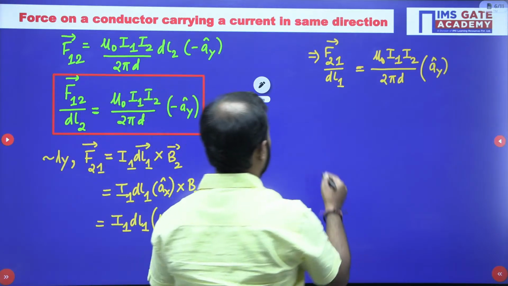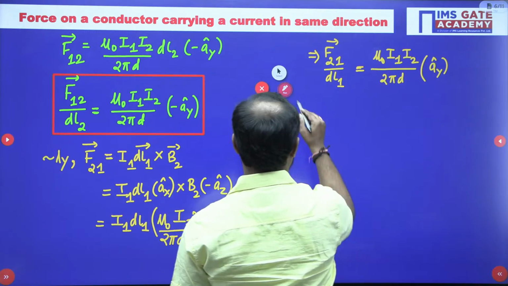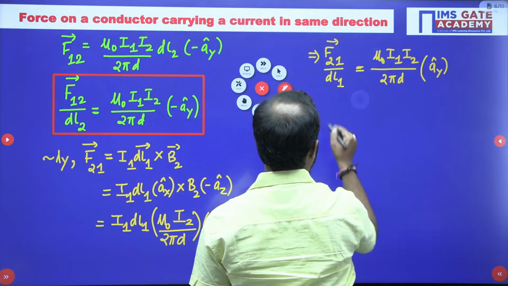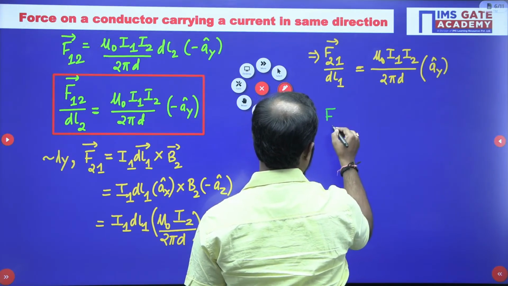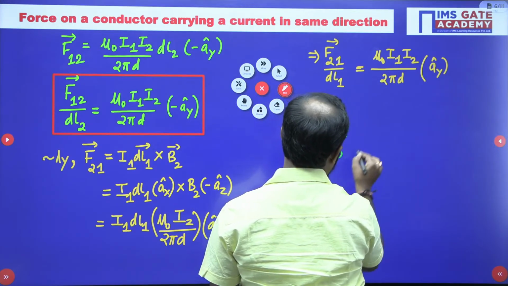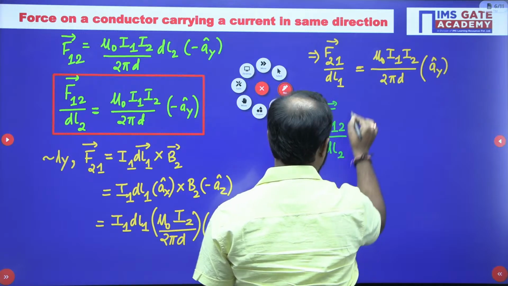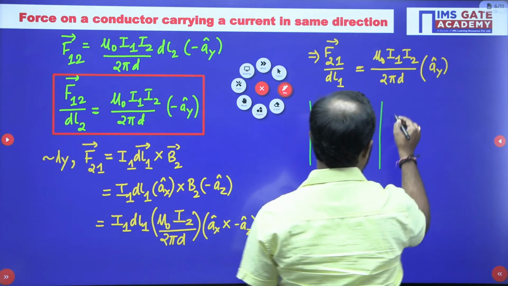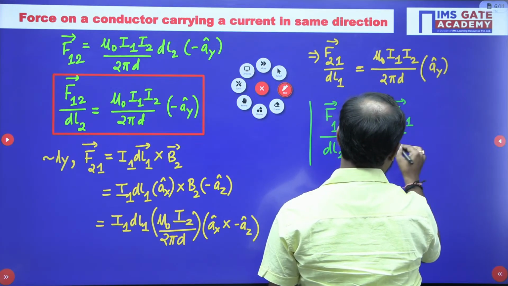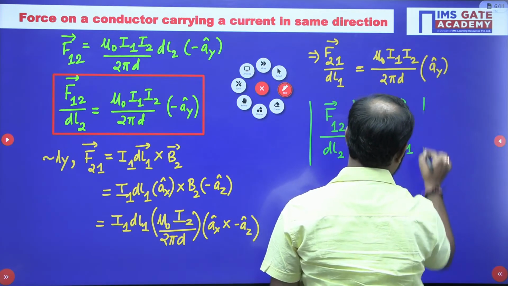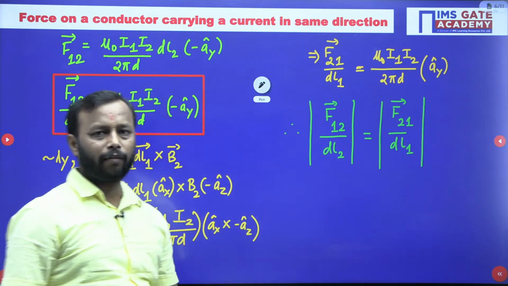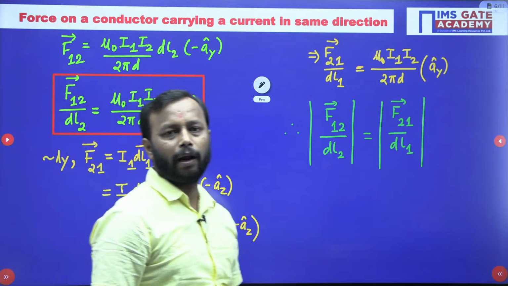So see here, the magnitude of F12, that is per unit length ΔL2, is equal to the magnitude of F21 divided by ΔL1. So hence the magnitude is same, but direction we can find from the Fleming left hand rule.